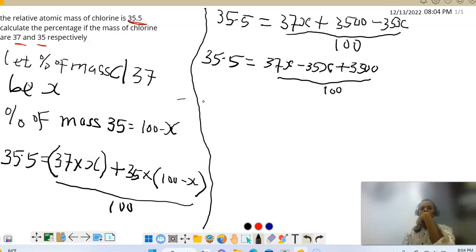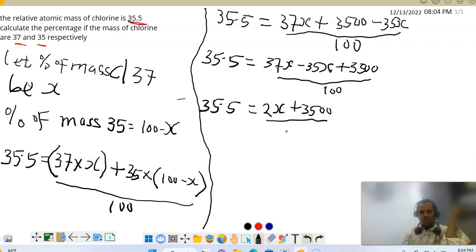Now here it will be 35.5 is equal to 37X minus 35X, it will be 2X, plus 3,500 all over 100. Now when you are here, we have a whole number here and a fraction here.